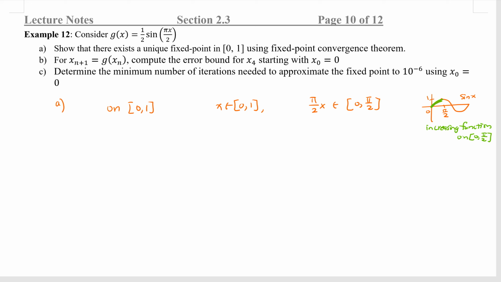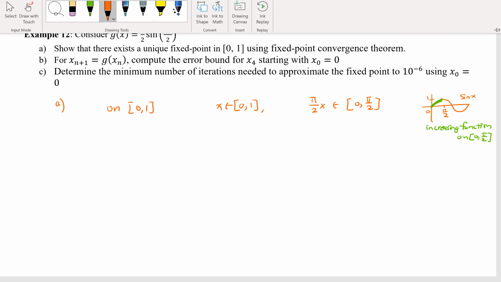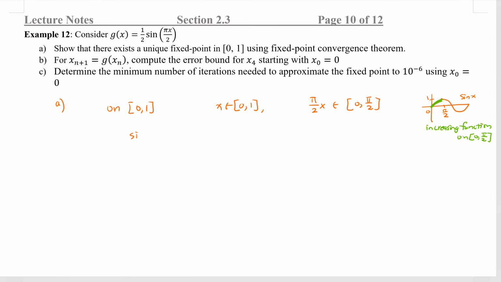So that's why we know that sine of pi x over 2 is between 0 and 1. So g of x, which is 1/2 sine pi x over 2, is then between 0 and 1/2.